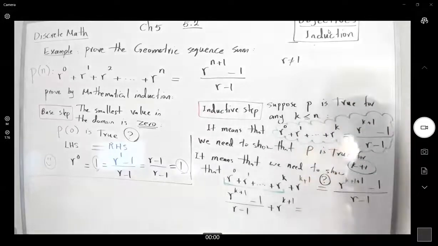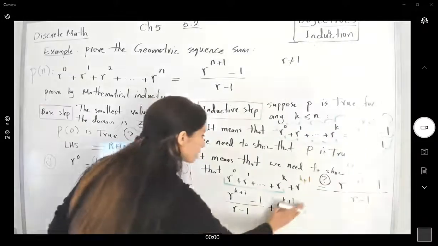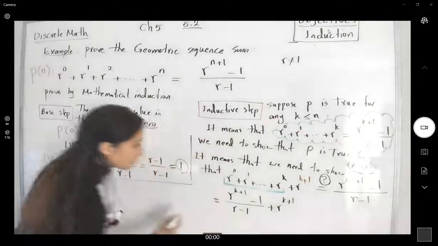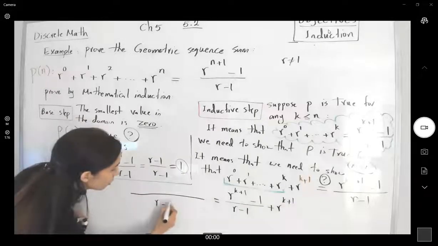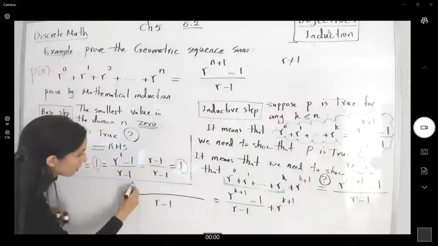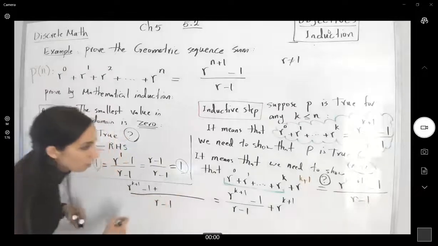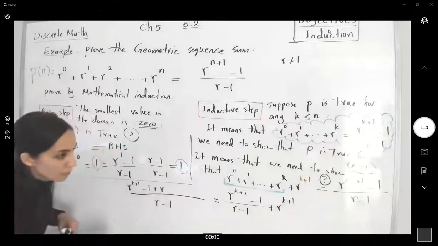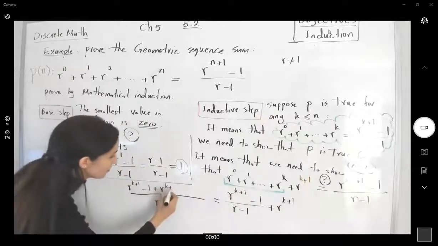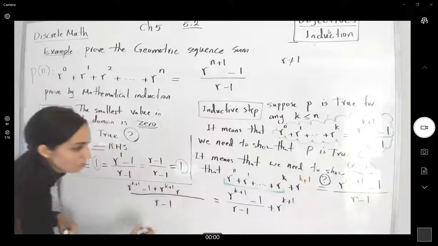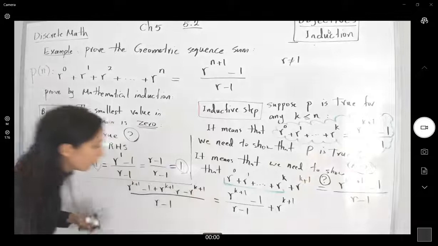If I take the common denominator between these two, let me write this on this side so we have enough space: r to power k plus 1 minus 1 plus r to power k plus 1 times r minus r to power k plus 1.